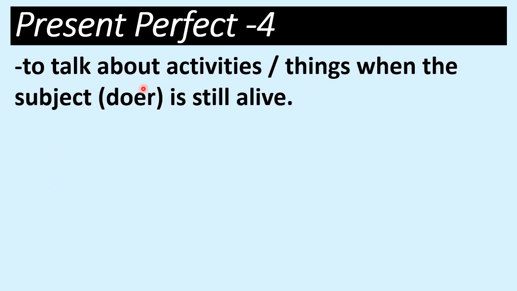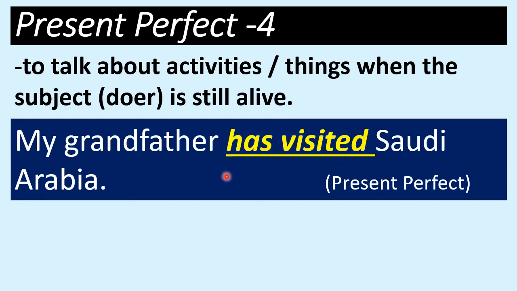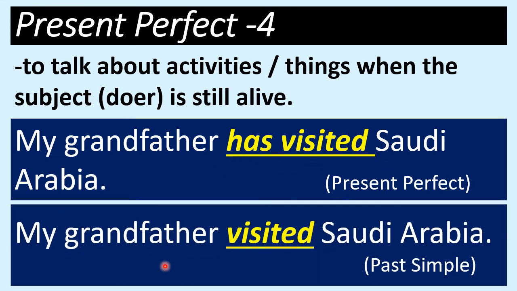We use present perfect to talk about activities or things when the subject, I mean the doer, is still alive. Look at the sentence. My grandfather has visited Saudi Arabia. It means that still now, my grandfather is alive. So I need to use present perfect. Look at another example.